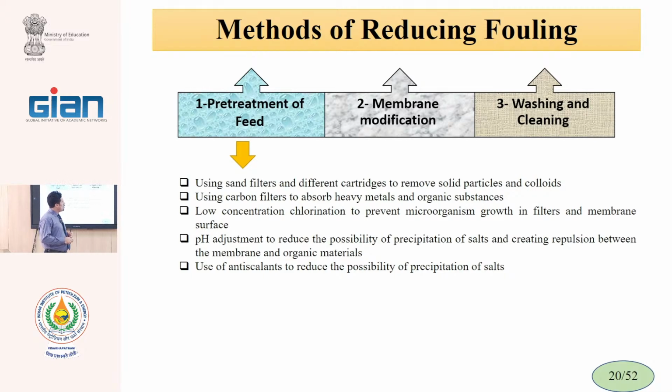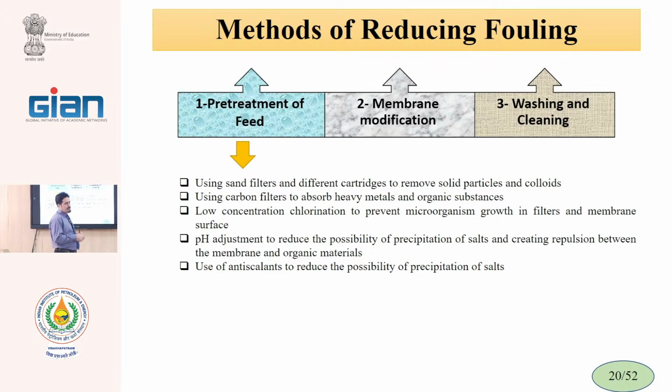Low concentration chlorination prevents microorganism growth. We have 1 ppm chlorine dosing in the feed water of RO. This chlorine, as a disinfectant, does not permit the growth of microorganisms, but as I said before, this chlorine can cause degradation of the membrane in RO, and one area of research is increasing the chlorine resistance of RO membranes.